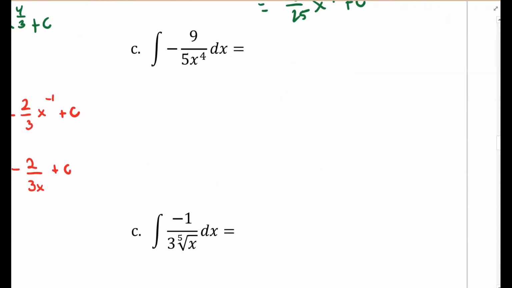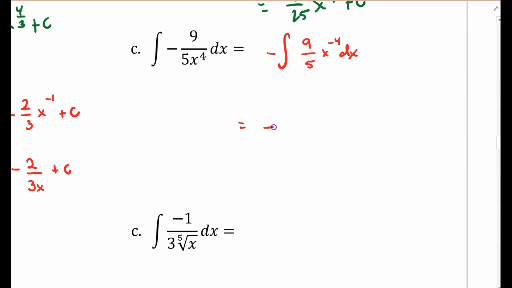All right, c. Here is c. Again, I'm going to go ahead and integrate. The first thing I want to do is move out that negative. I have the negative integral of 9/5, and I'm going to move up my exponent, x to the power of -4 dx.